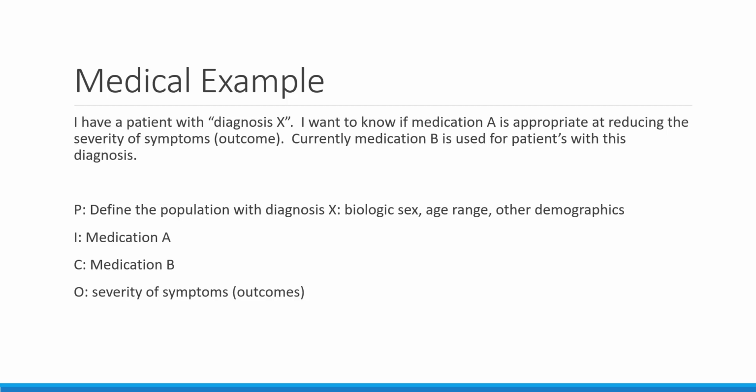Or do I do it by gender? Do I do it by an age range? Or do I choose other demographics? Intervention, medication A; comparison, medication B; and then for the outcome, severity of symptoms, however that is measured, whether that is a pen and paper tool, a visual analog scale, maybe how long it takes to recover from the diagnosis.